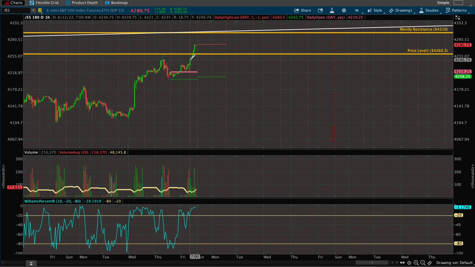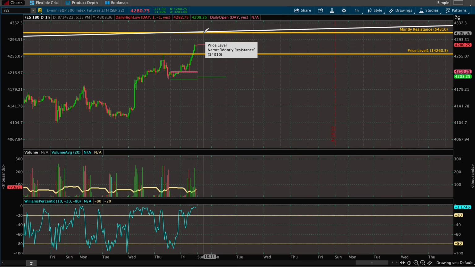We are looking at 4260 and 4300, and those are the ranges that I will trade, and I always confirm my trade with price action. I am biased towards the bull run here, but if there is a huge rejection and I need to reset my bias, I will be completely open to that.